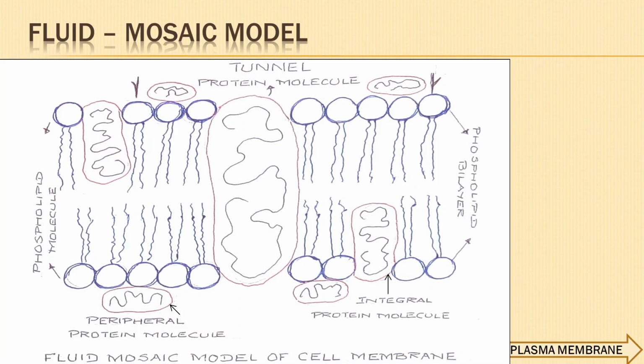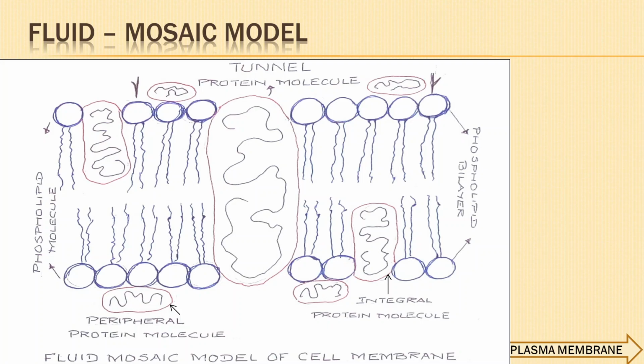Some integral proteins have very large molecules and project on both the surfaces. These are called tunnel proteins or transmembrane. Water-soluble materials pass through these channels. Some integral proteins that have small molecules lie in the outer or inner layer of phospholipid molecules.